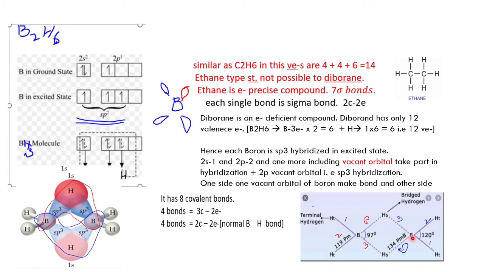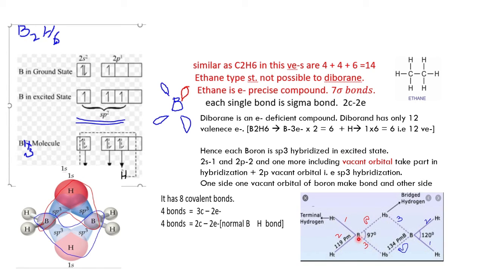This is with the bridge hydrogen, so they have mentioned it as HB, bridge hydrogen. Here also one bridge hydrogen, and it is sharing electrons with this boron, three-centered.